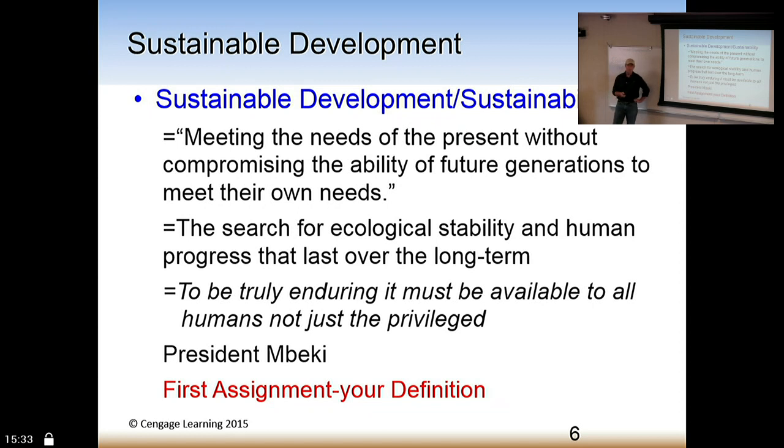Okay, sustainable development. If you notice the name of the class, it's environmental science and sustainability. So sustainability is this idea, we'll see in a moment, that came in very recent times, the last 30 years, out of the United Nations, basically as other countries of the world, especially what we call the third world countries, the less developed countries, were saying, hey guys, if we're going to have a future, you can't just be coming to us and saying, please don't cut down your rainforests.